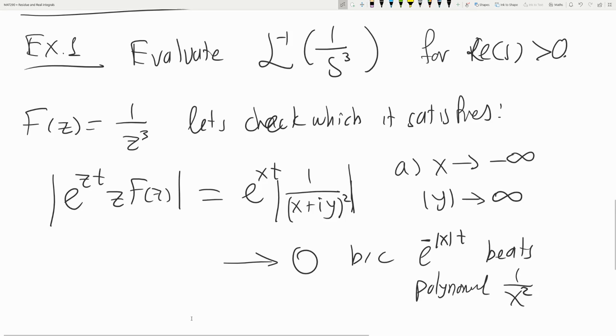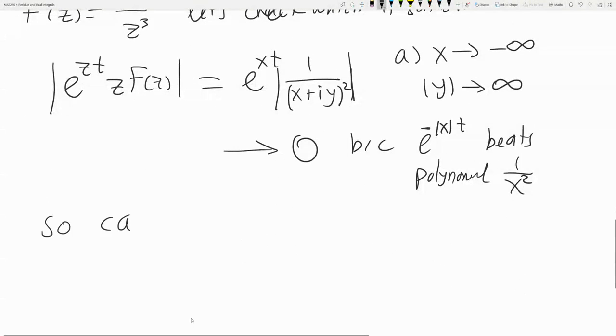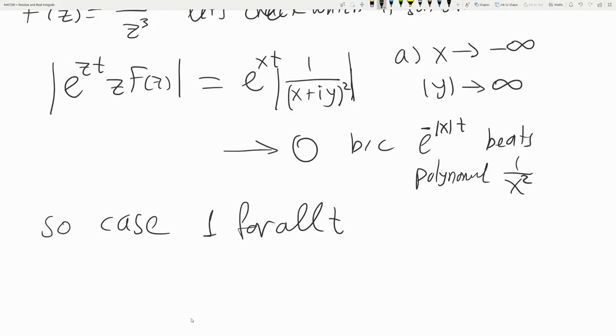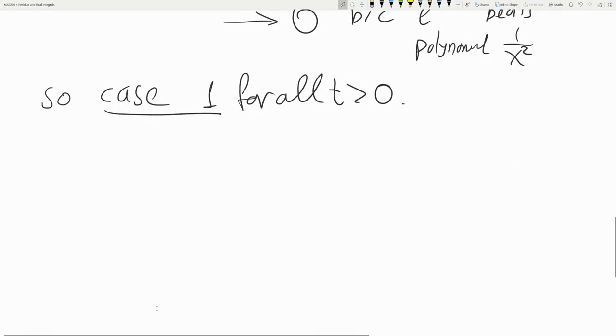Good, so we're in case 1, and this is true for all positive t. We'll see that in some other cases, t changes the outcome.